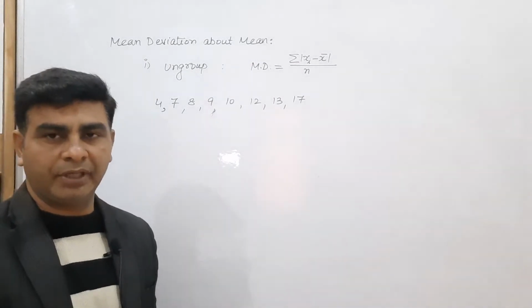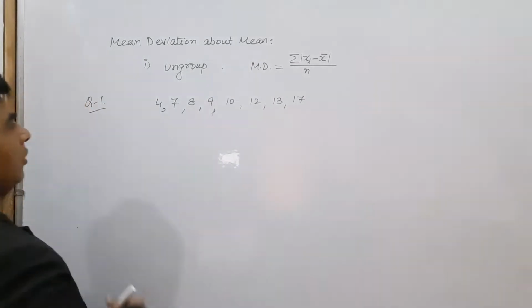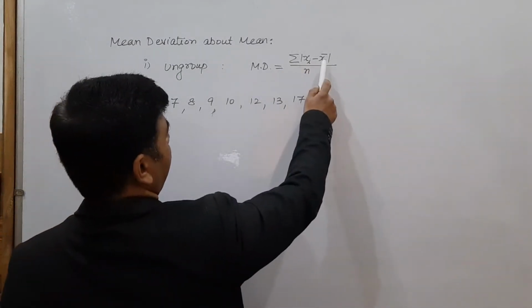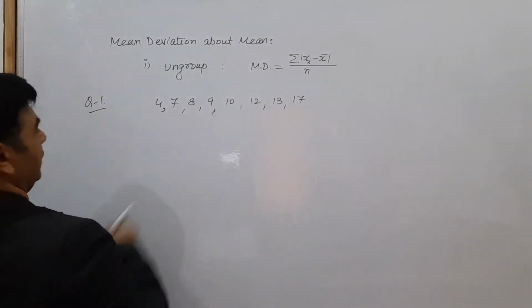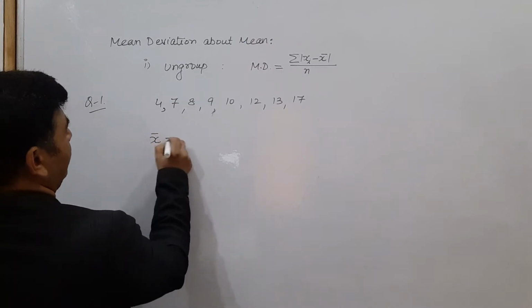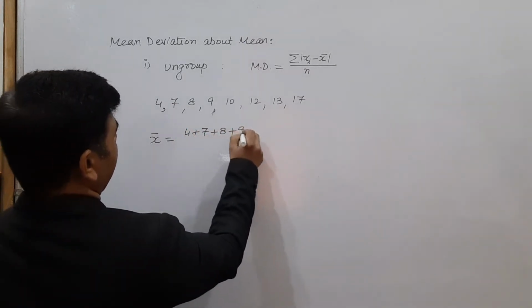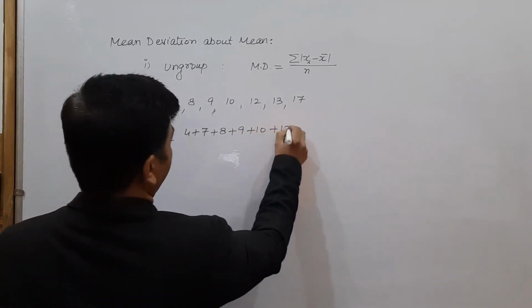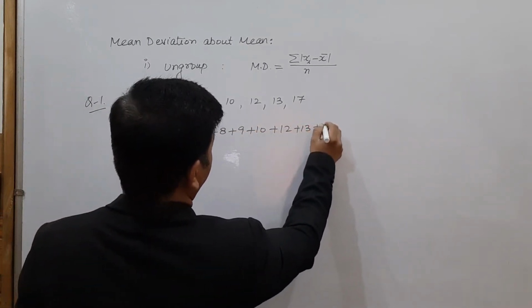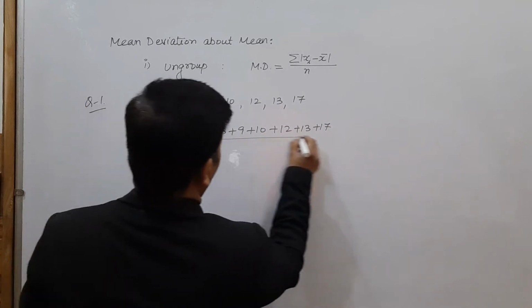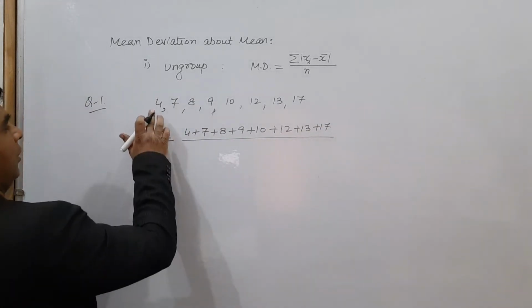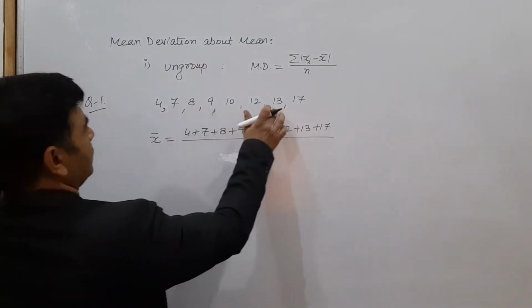So for that, first of all, children, we have to find the mean, because the formula we have requires the mean first. So mean is given by the sum of all the observations: 4 plus 7 plus 8 plus 9 plus 10 plus 12 plus 13 plus 17, divided by the number of observations. The number of observations is 1, 2, 3, 4, 5, 6, 7, 8.